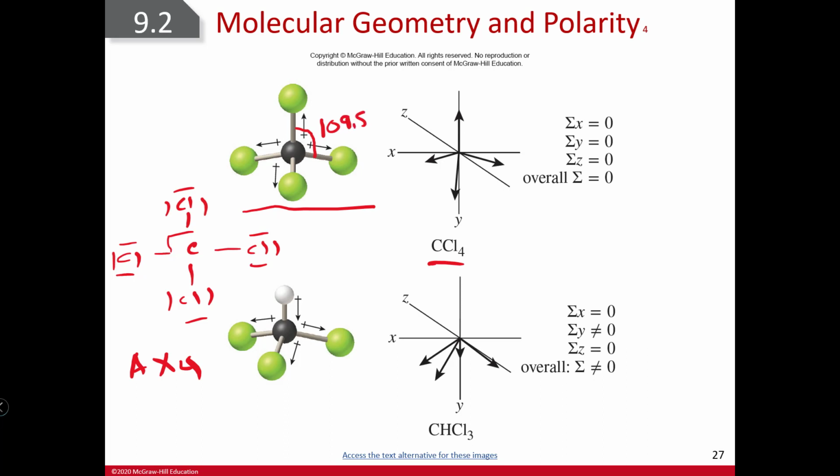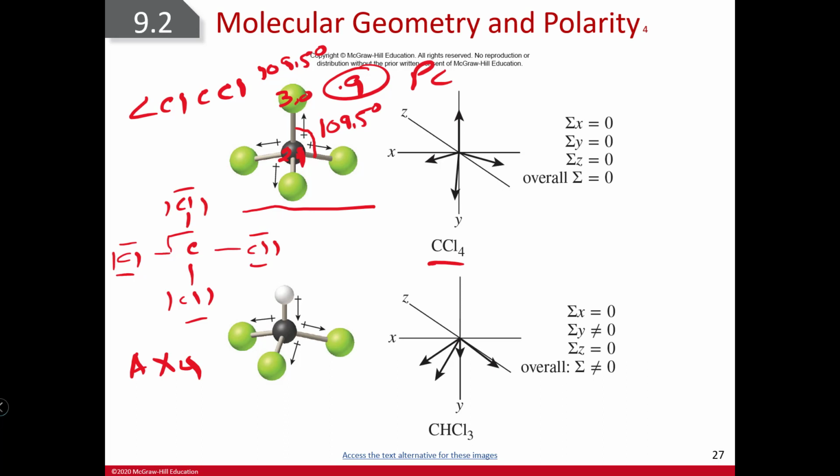It's 109.5 degrees. So all angles between chlorine, carbon, and chlorine equal 109.5 degrees. All right, so then you evaluate the bond between carbon with an electronegativity of 2.1 and the chlorine, which is 3.0, for a difference of 0.9. And you go, oh yeah, 0.9, that's a polar covalent bond.